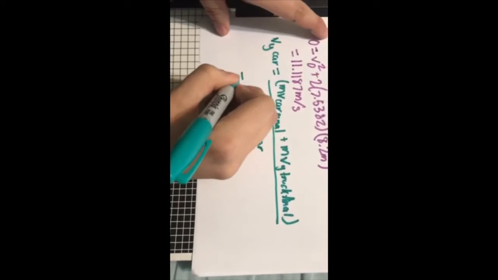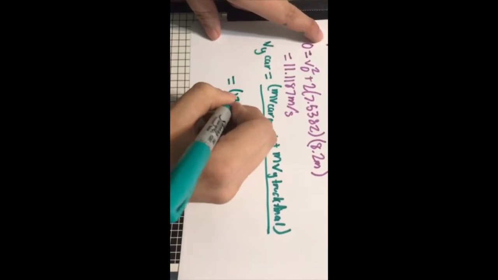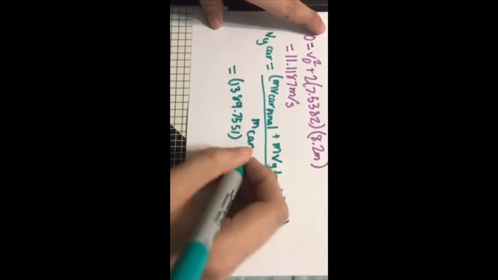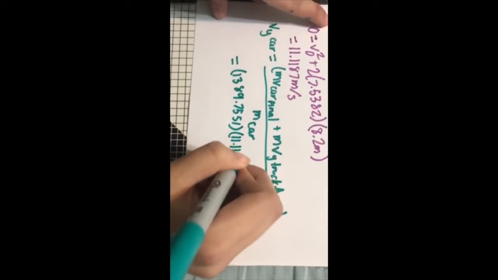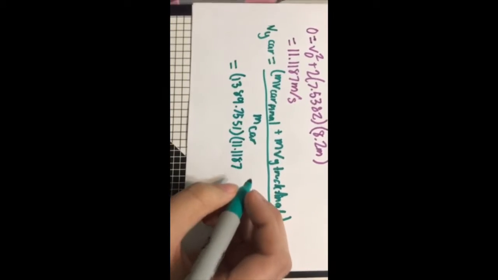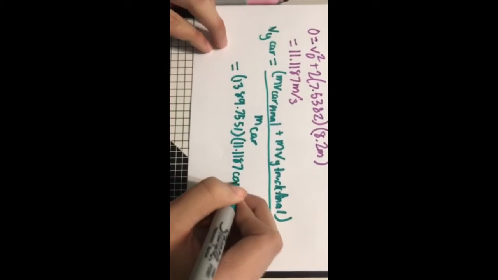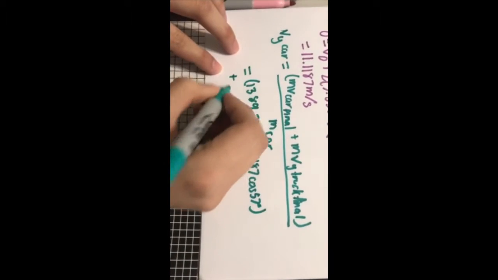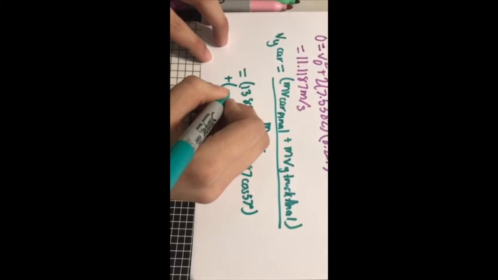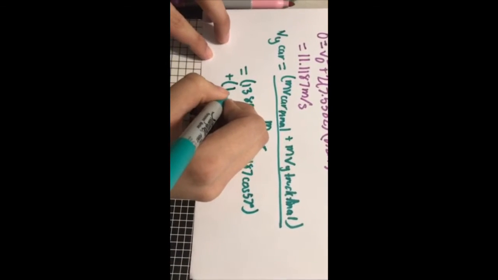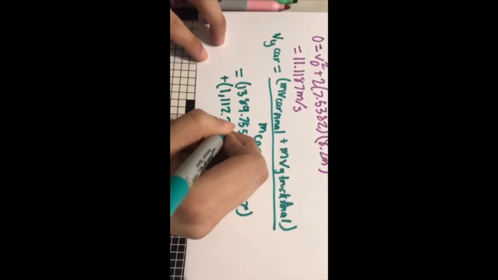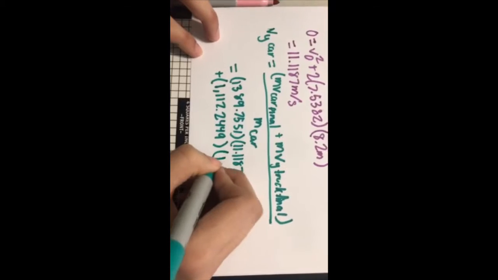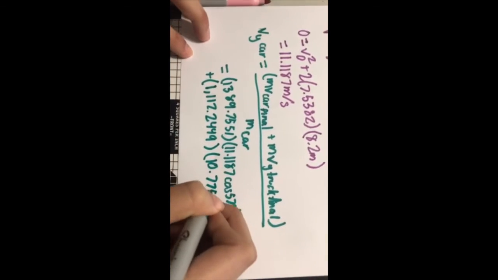Now we plug in our numbers. So the mass is 1,389.7551, and the velocity is 11.1187, and this is at a cosine of 57. And we add the mass of the truck, which is 1,112.2449 times the velocity of 10.775.